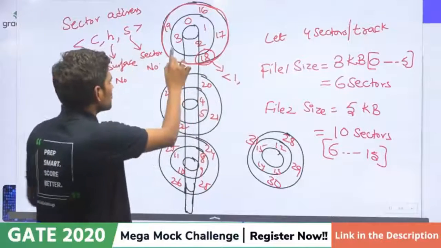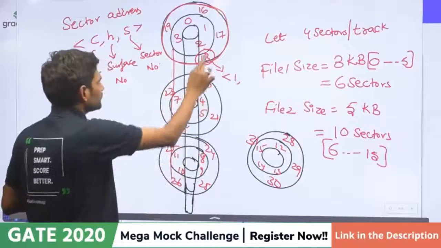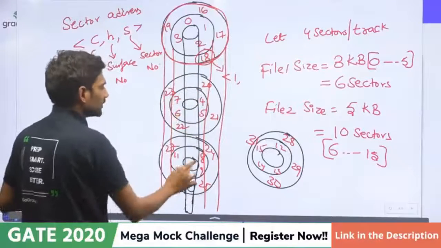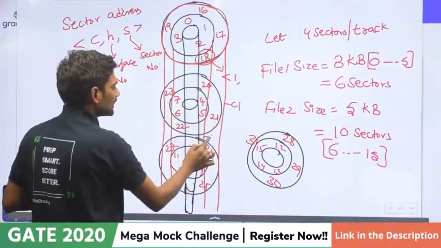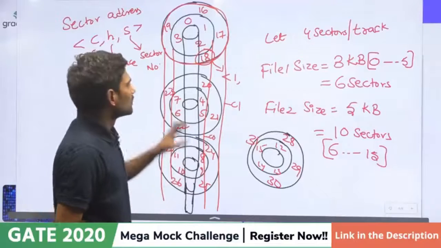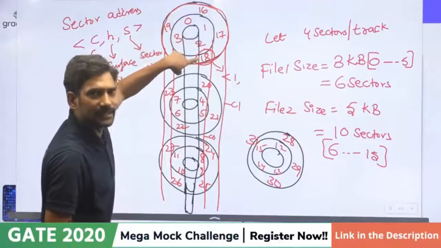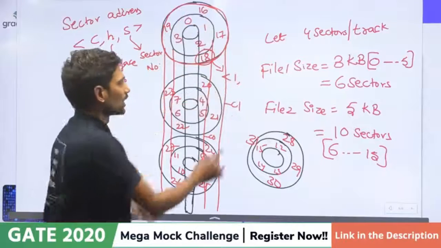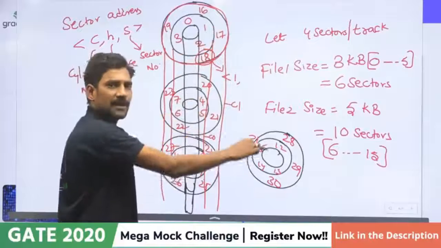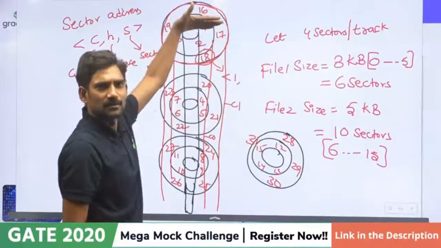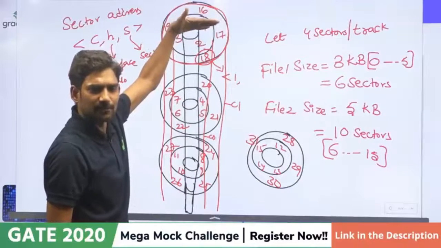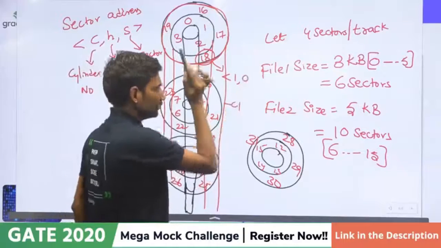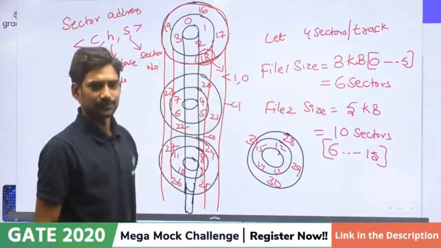This is cylinder 0, and this is cylinder 1. That's why C is 1. And it is on which surface? The very top surface, in our terminology the first surface. So what would be the number for that? 0. Any numbering starts with 0.